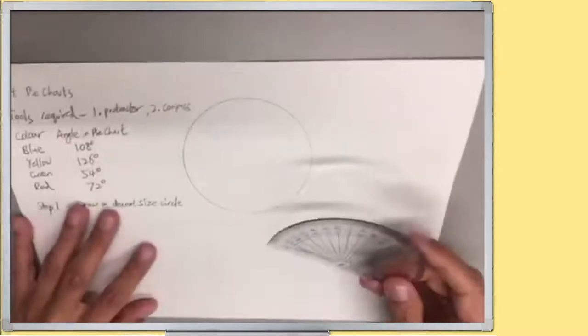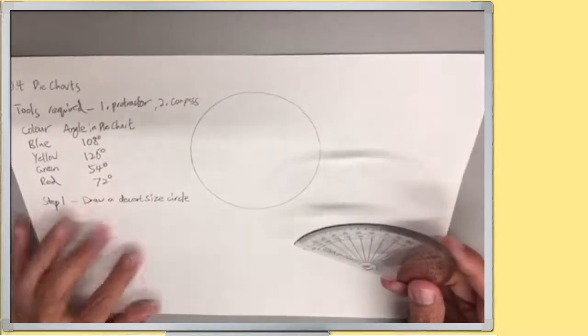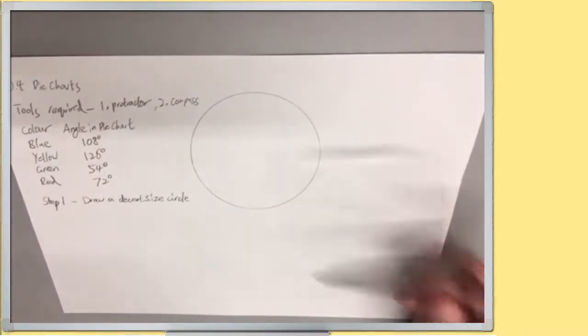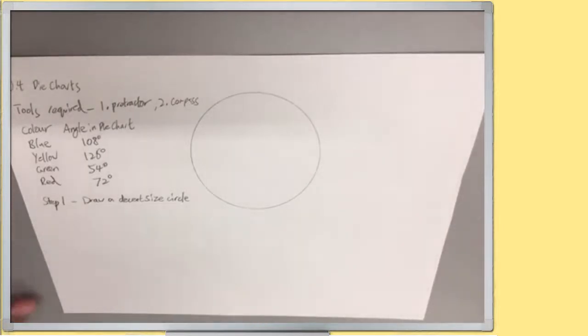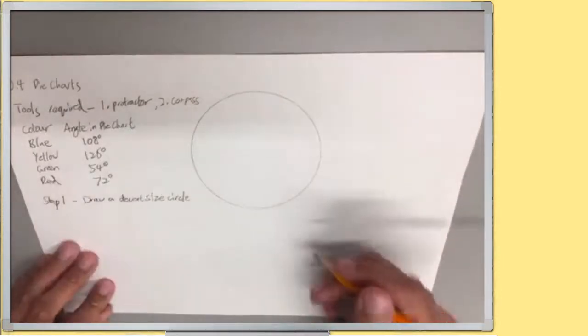So the second part is we need to use our protractor to draw our pie chart. Now, in terms of a pie chart, there is no requirement for which section to draw first, but it is good practice to draw the largest area first. So draw a decent sized circle.